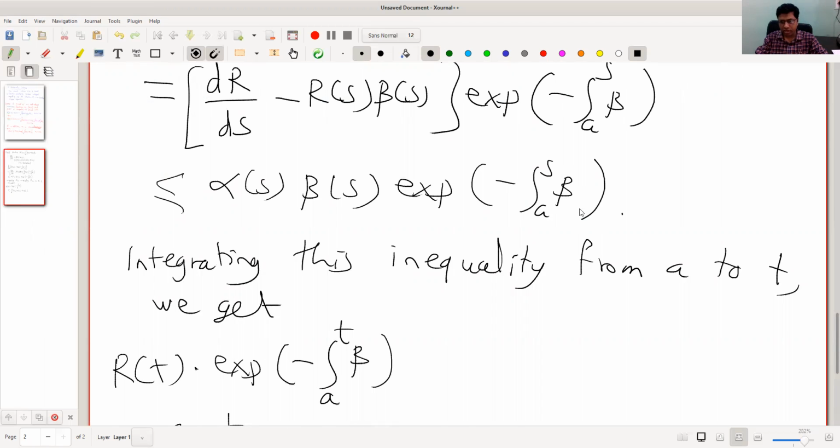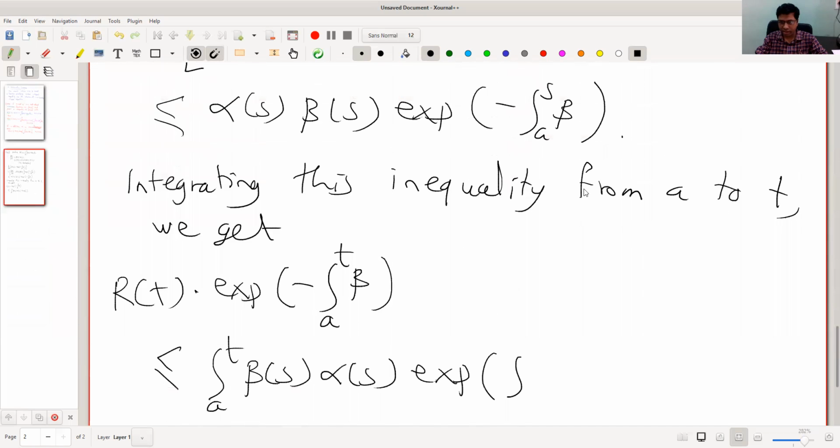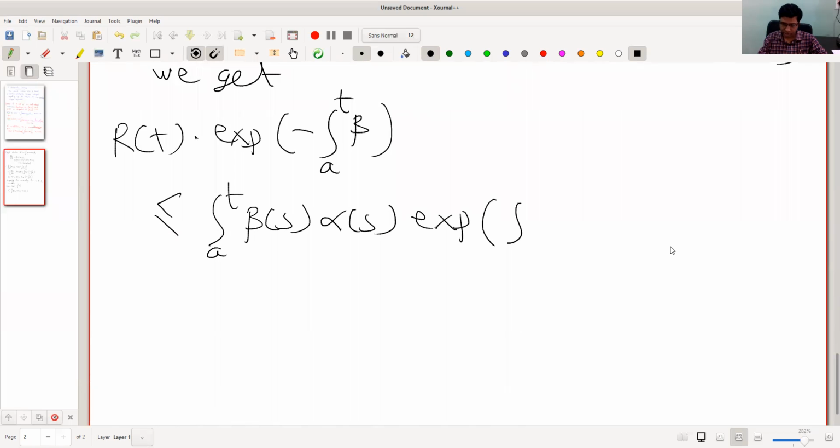This can be rewritten by interchanging limits, so minus we can skip and we can write s to a. This is the same as integral from s to a beta, and this is ds.